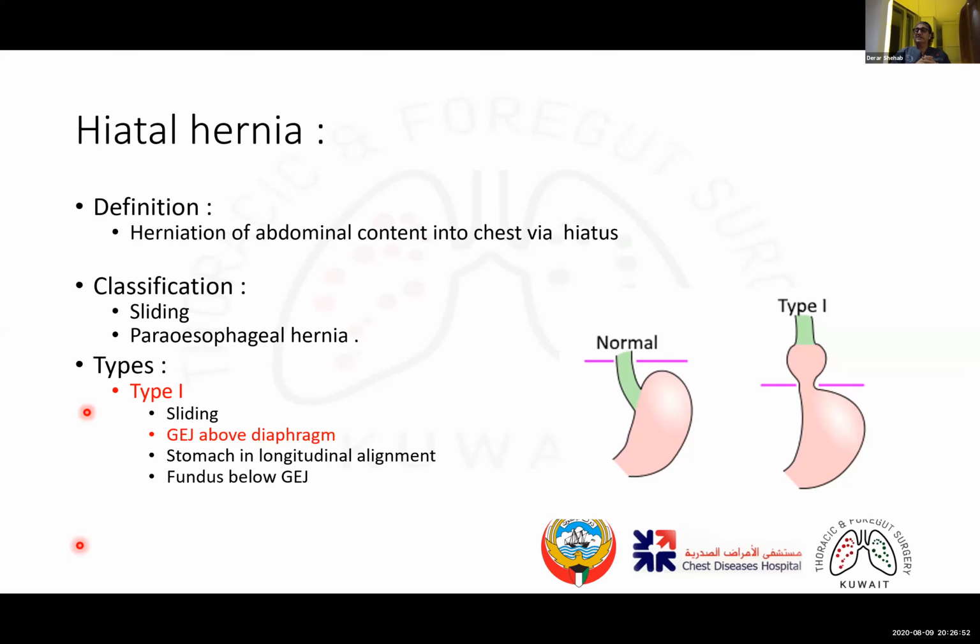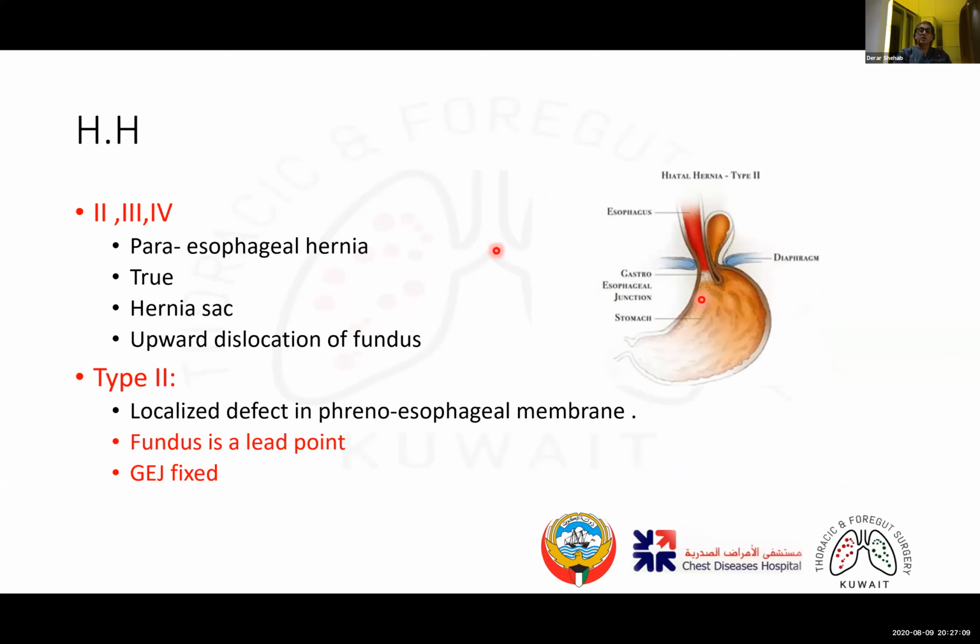Type 1 is a sliding hernia, in which the GE junction is actually above the diaphragm, and the stomach or the fundus is below the GE junction. Type 2, 3, and 4 are true paraesophageal hernias.